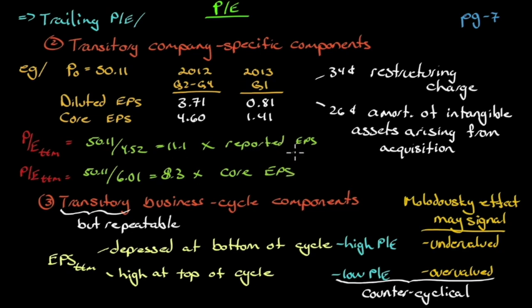Now, when you report your EPS number, you should make a distinction. It should be very clear which EPS you use. If you say it's got an 11.1 P/E, 11.1 times what? You want to be very clear: times reported earnings. In other words, you're signaling to your reader that you are not going to pay attention to the company's core EPS.